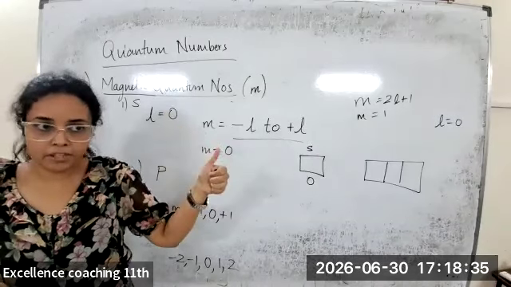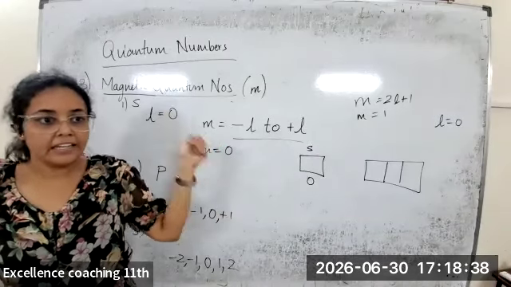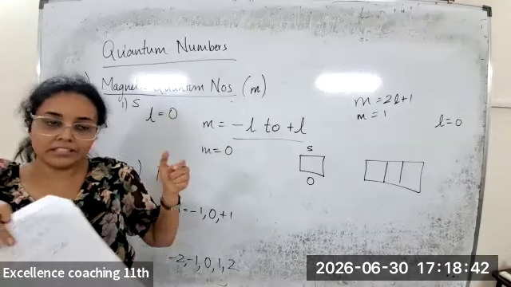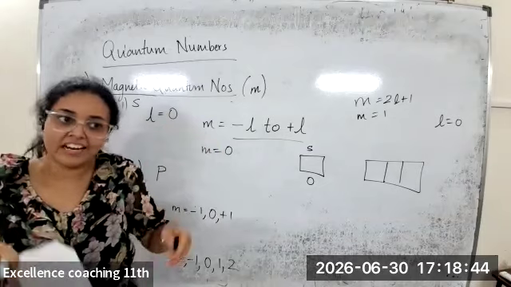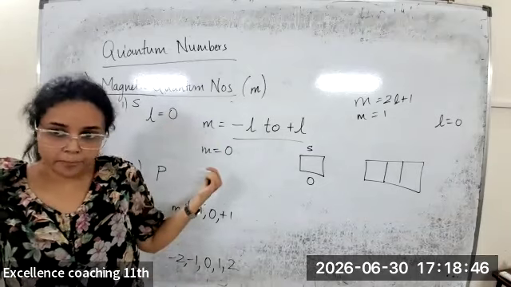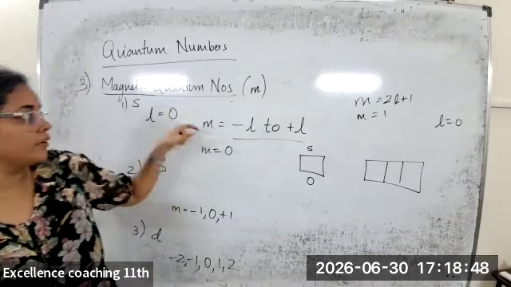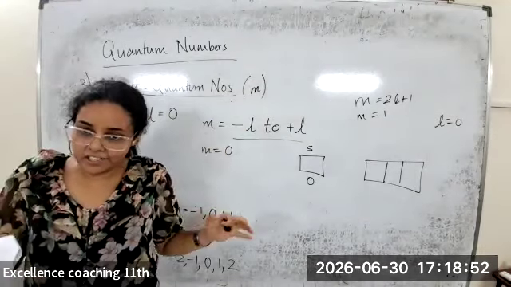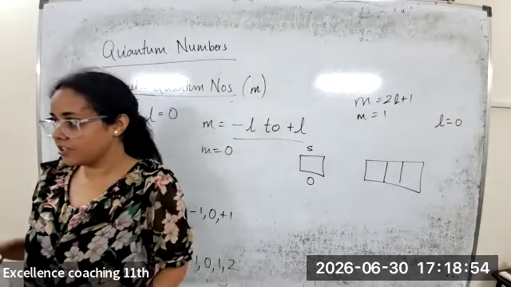First, we have seen the principal quantum number that will tell you the shell, then the azimuthal quantum number that will tell you the subshell. Inside the shell, there are other subshells, so it gives information about the subshell. When we speak about the magnetic quantum number, this will tell you the orientation, like how the electrons are arranged.